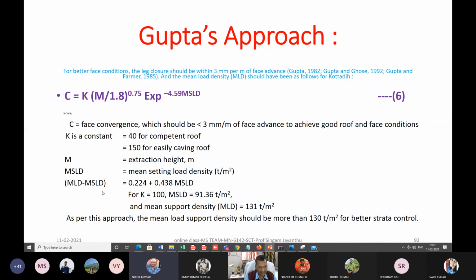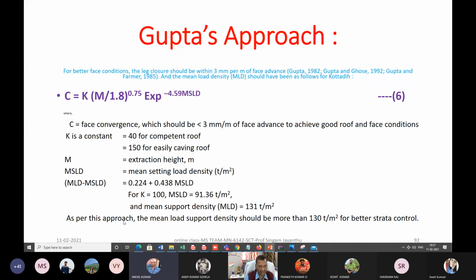MLD minus MSLD is equal to 0.224 plus 0.438 MSLD. For K equal to 100, MSLD is 91.36 ton per meter square. And the mean support density, which is MLD, is 131 ton per meter square.